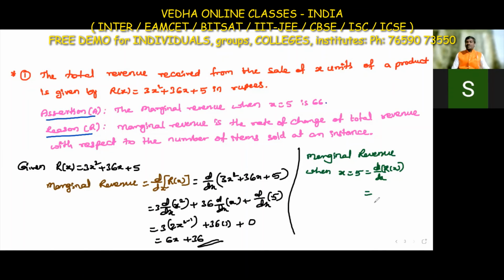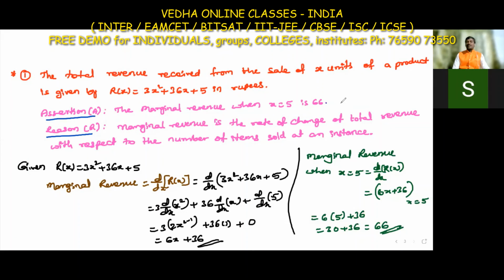The function is 6x + 36, so we substitute x = 5 in this: 6 into 5 plus 36. 6 times 5 is 30, so 30 plus 36, which is 66. 66 is the required answer.